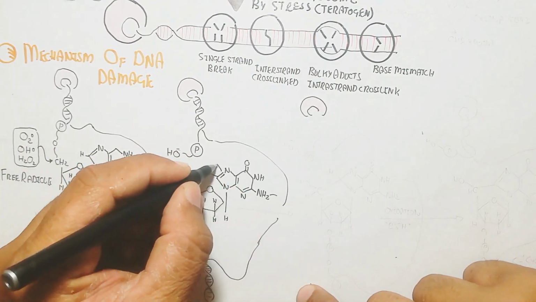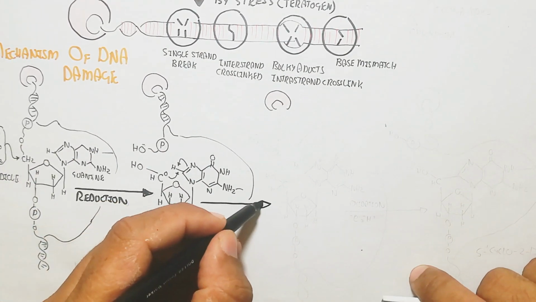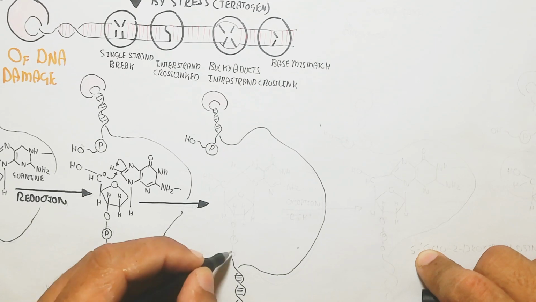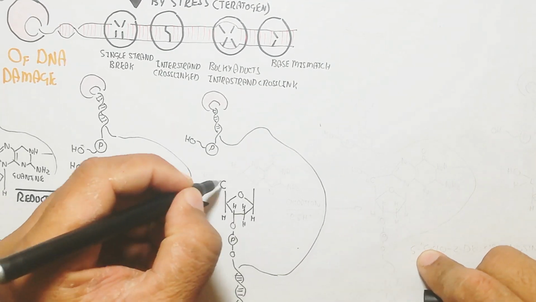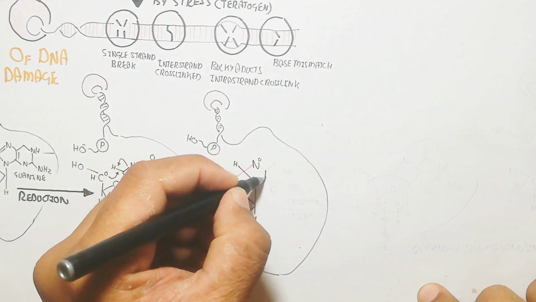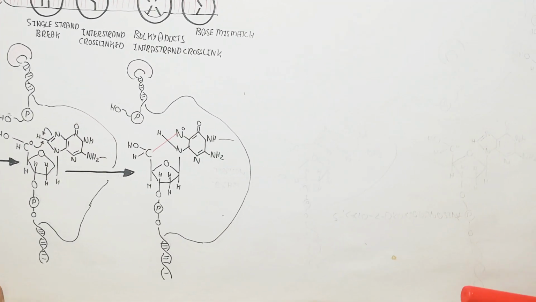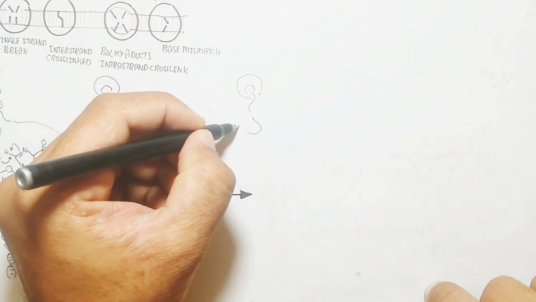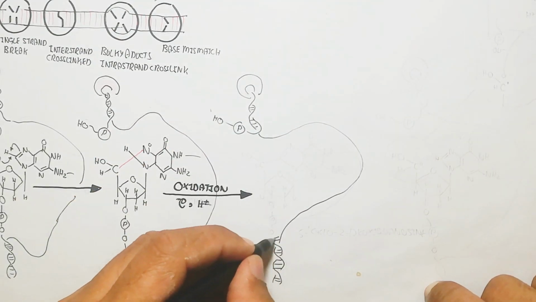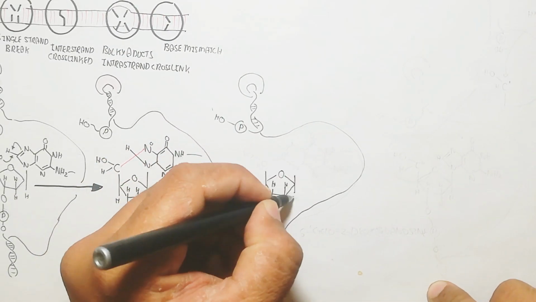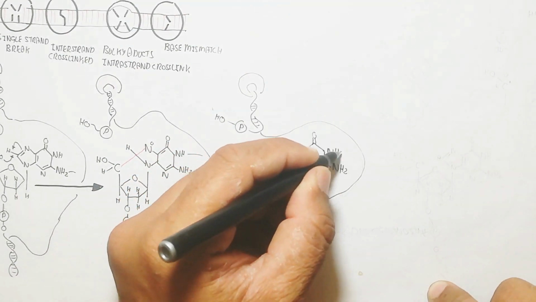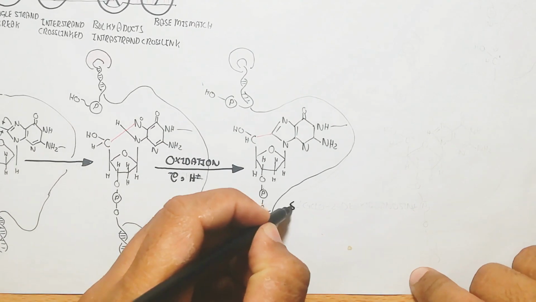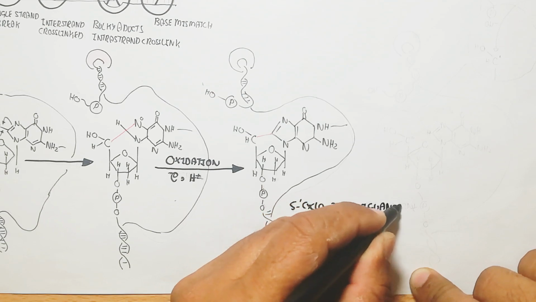You can see the free radical on the carbon side will shift toward the nitrogen side, the double bond will become single, and the free radical is now present on the nitrogen. Through complete oxidation, loss of electron and proton will lead to damage of the DNA. In this way the single strand break will occur.